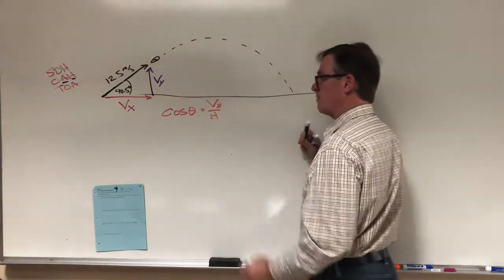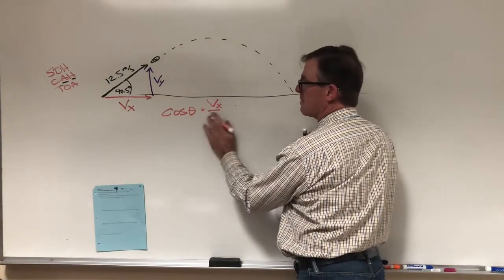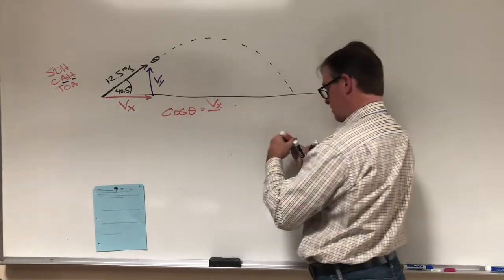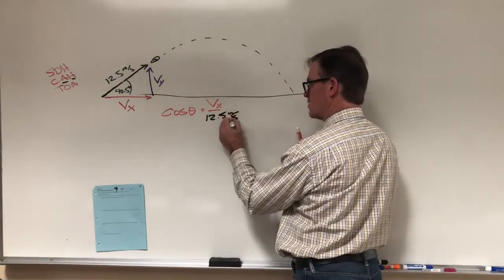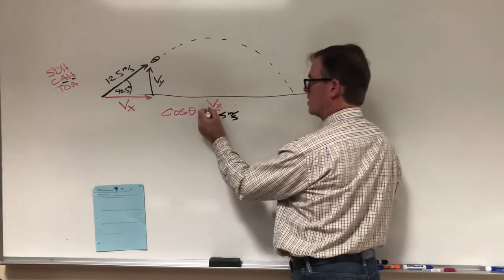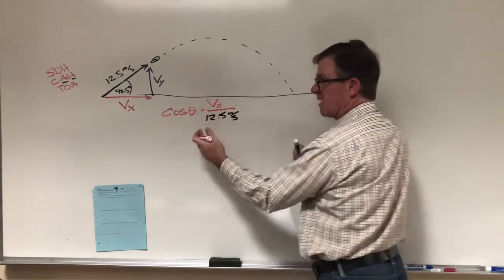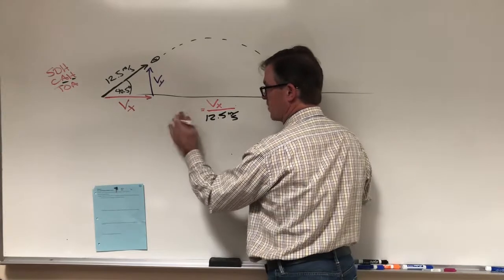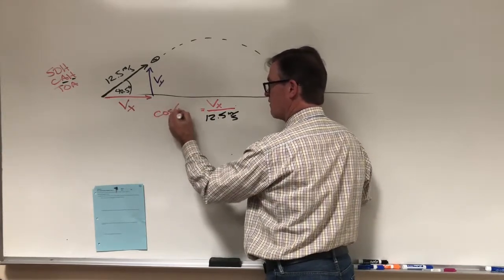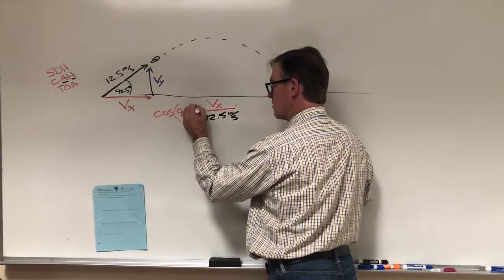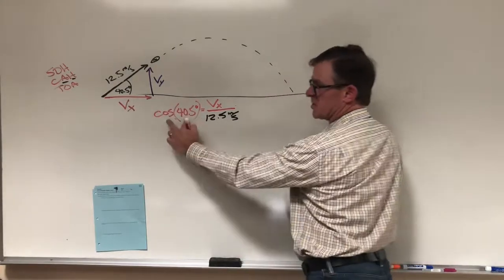That's what we're looking for. And the hypotenuse has a value of 12.5 meters per second. And we know the angle is 40.5 degrees. So we can take the cosine of 40.5 degrees, which is just a number.